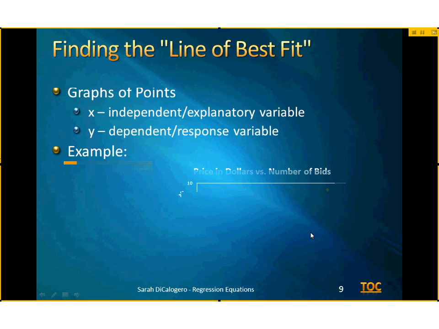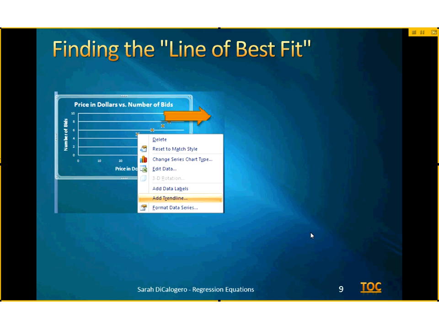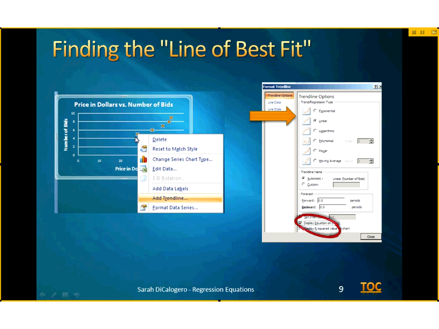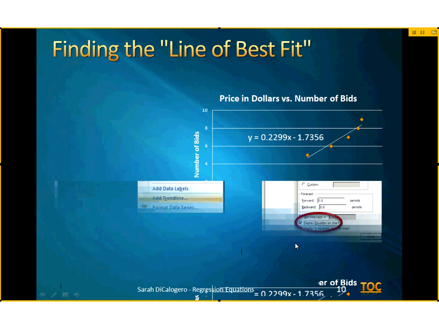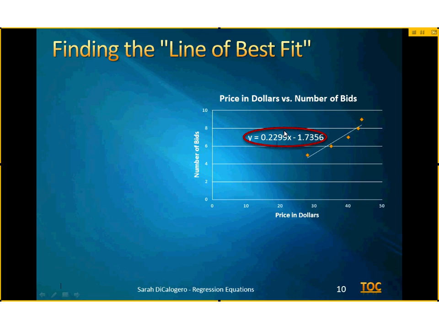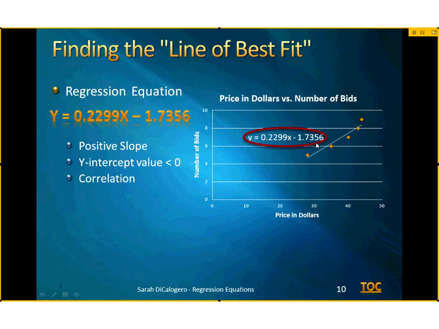How do you find the line of best fit? This takes you through the steps. First you get your data points into Excel, right-click, add trendline. Then you click on linear, display equation on chart, close, and it'll display your equation on the chart. Here our equation is 0.2299x minus 1.7356.